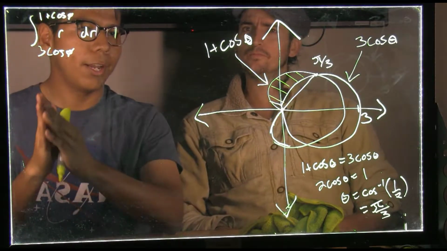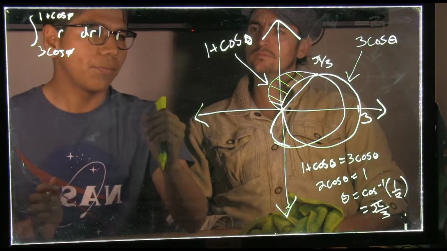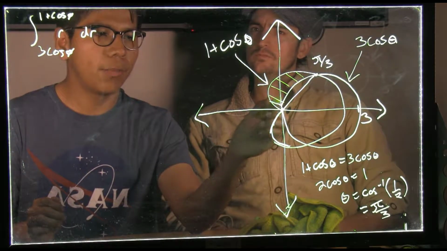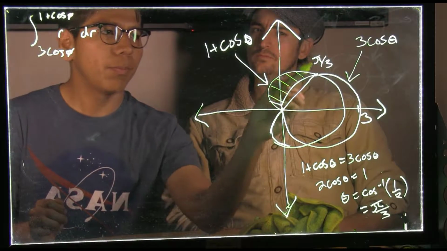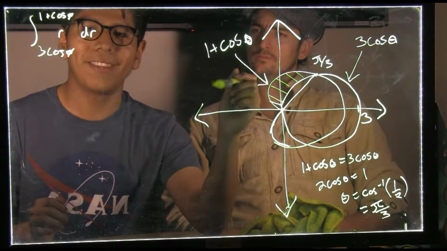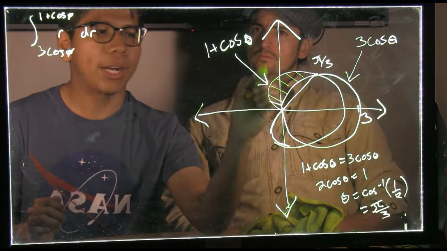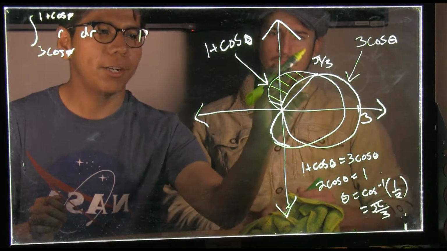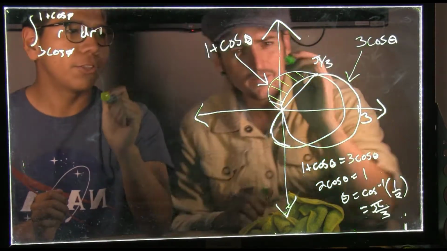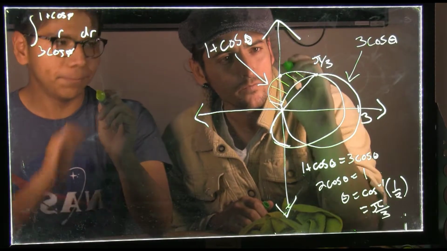As for expanding it, theta is equal to pi over 3 to pi over 2, because we're only grabbing this part here since it's bounded by both the circle and the cardioid for that area.